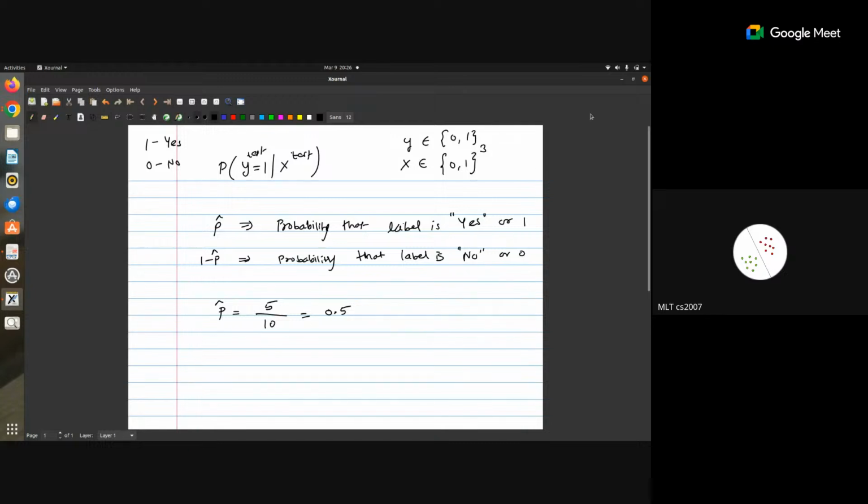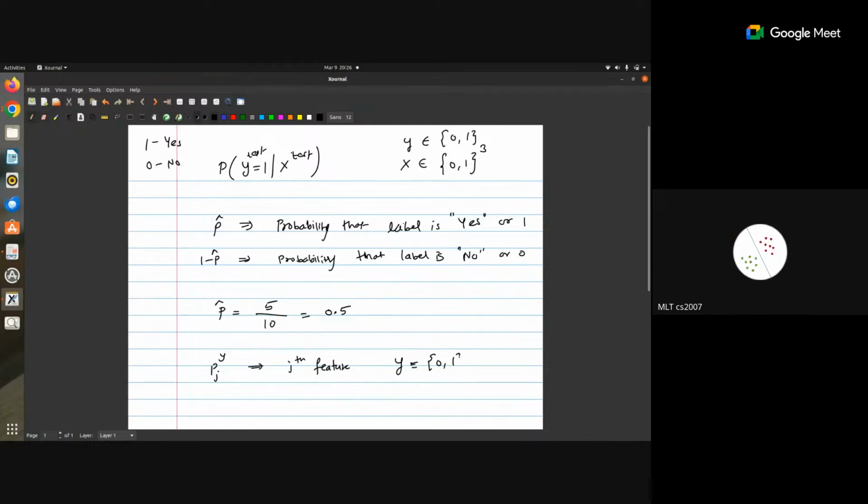What about this case? P, j, y. Here j is the jth feature, and y is the label.